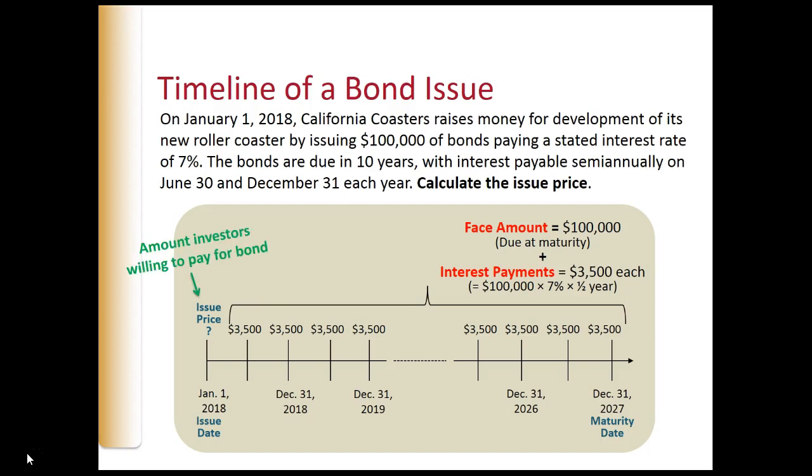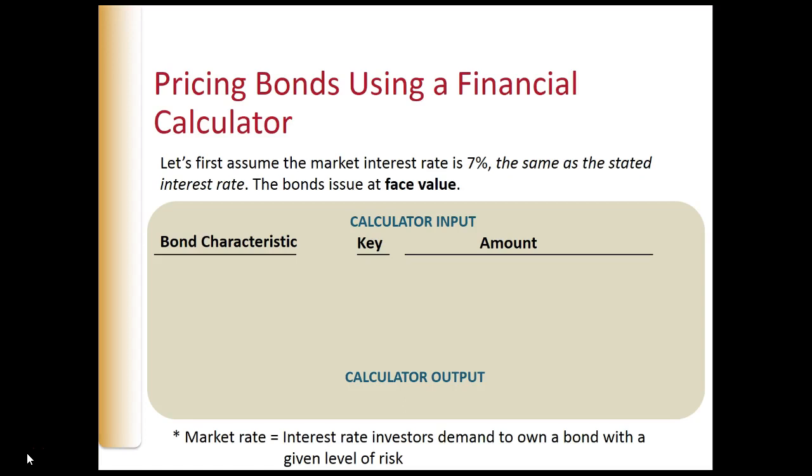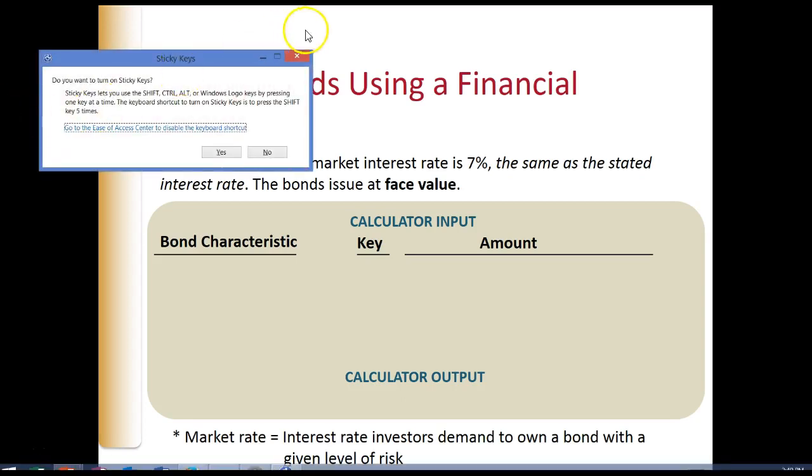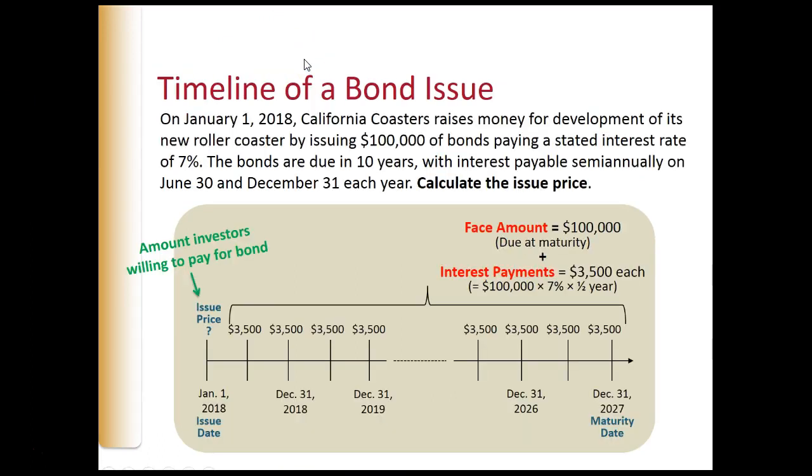That's a total of 20 interest payments of $3,500 each, or $70,000. This slide provides a timeline of the cash flows related to the bond issue.